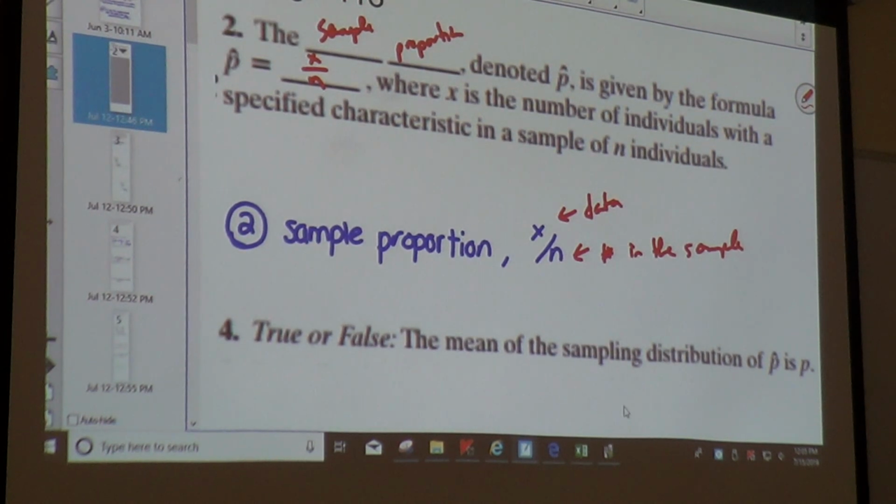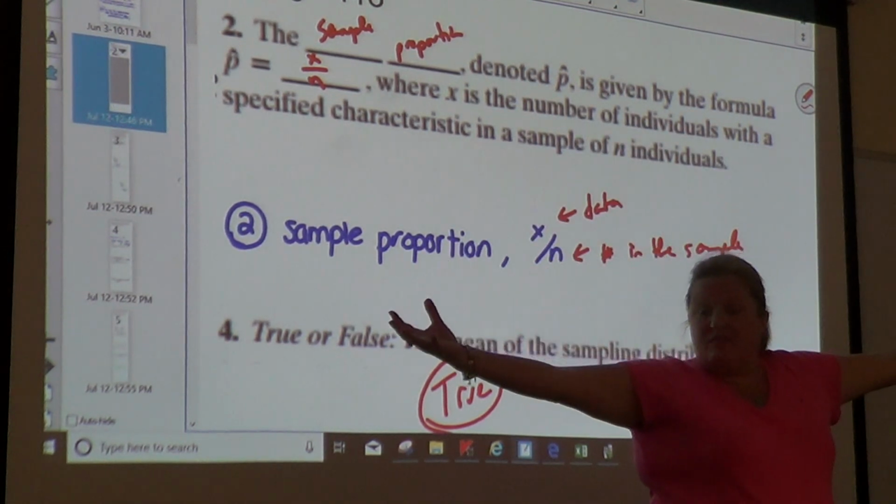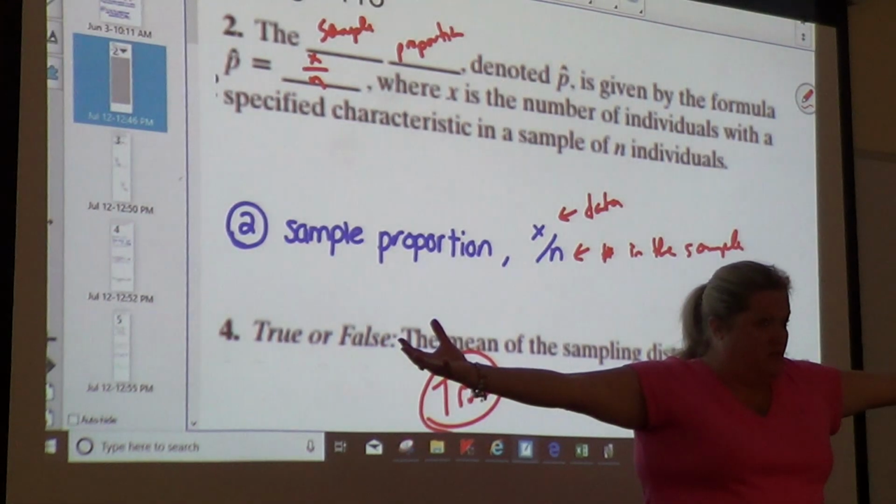The mean of the sampling distribution of the sample is the same as the mean of the population. The mean is the mean. True or false? True. Y'all, we did this the very first day. I handed y'all those index cards and I said, if 75% of y'all have a cell phone with texting, then I am going to infer that 75% of the population has a cell phone.